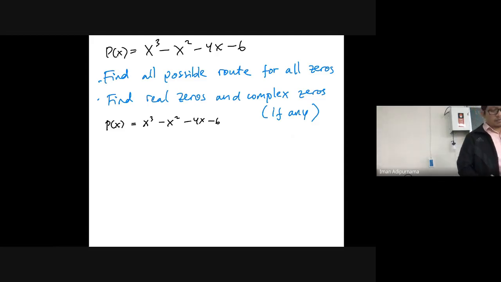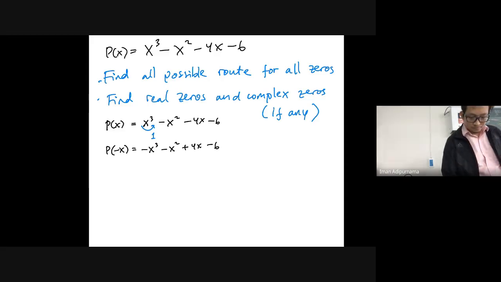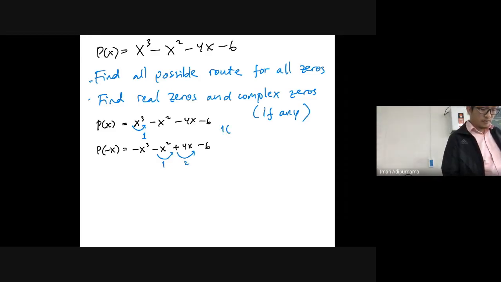From the positive x, you see there is only one variation, so only one sign change. And from the negative x, you see it's two variations. So this has one positive zero and two negative zeros, or zero negative zeros.